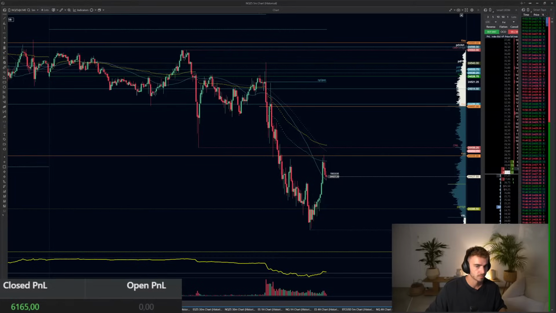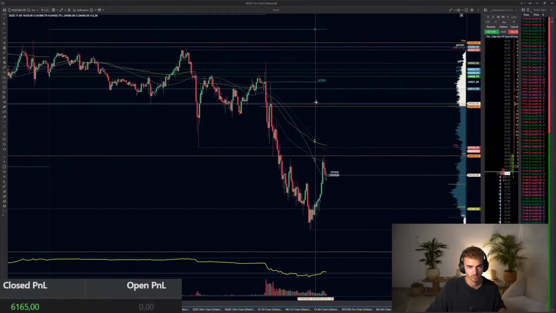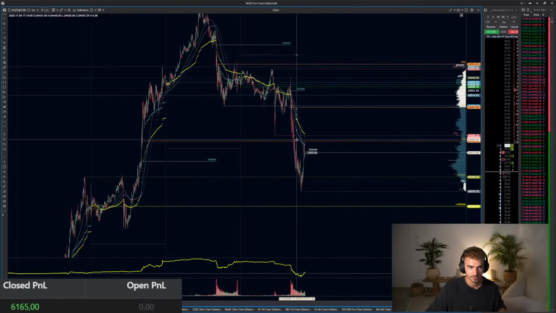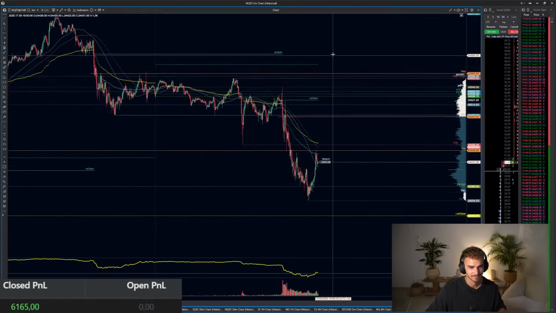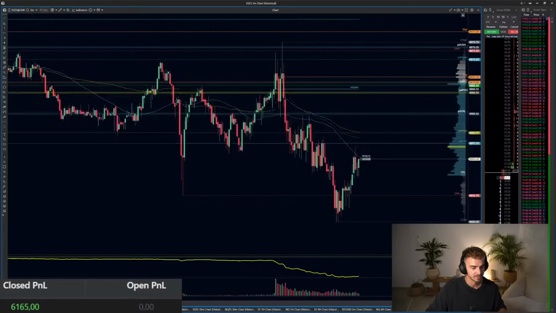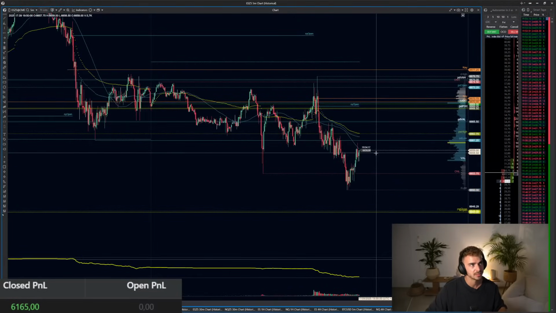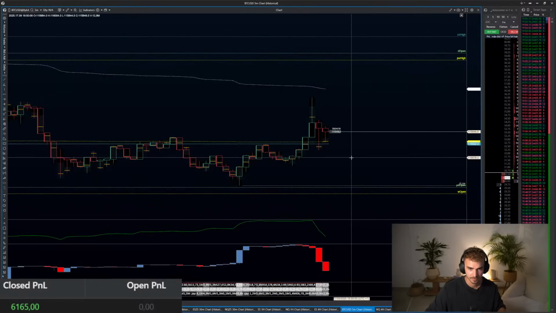That's looking good. All right, so NQ. I'm not going to pre-plan a trade on the futures. I like to wait for the data release and then jump on momentum.